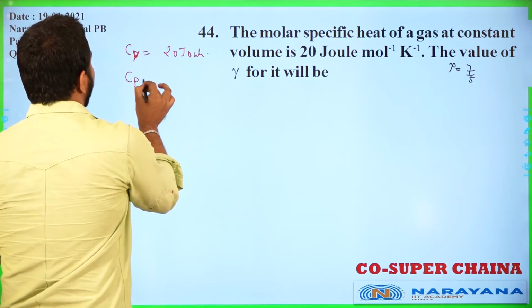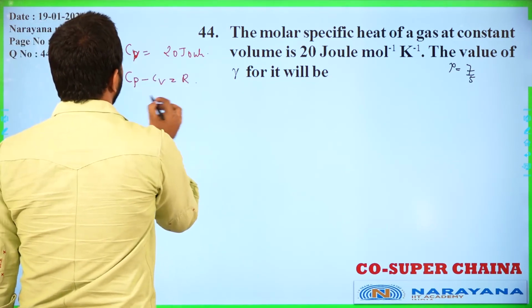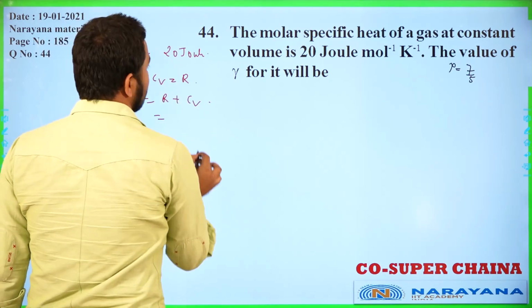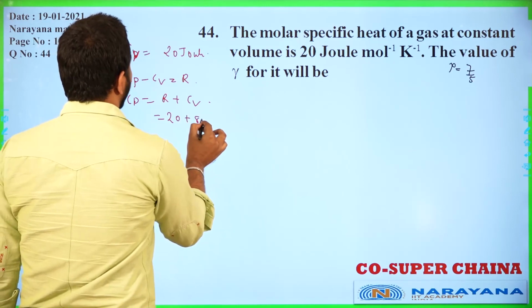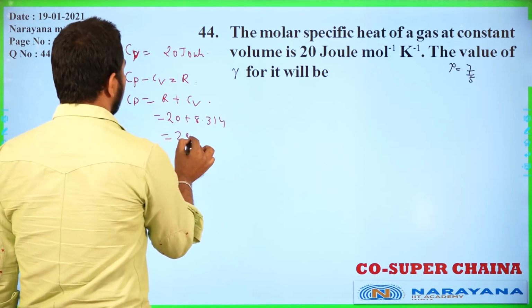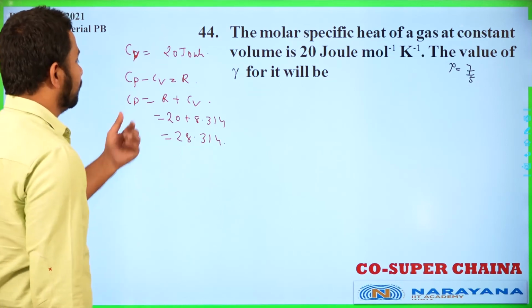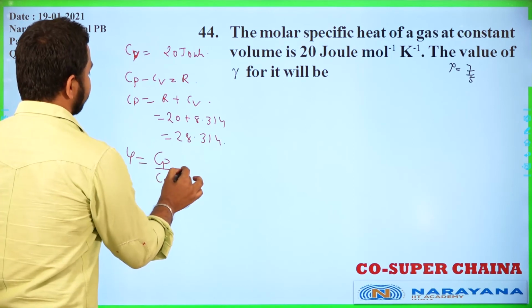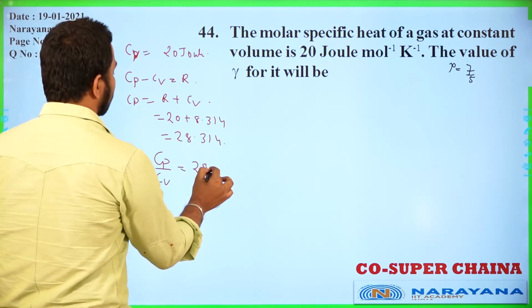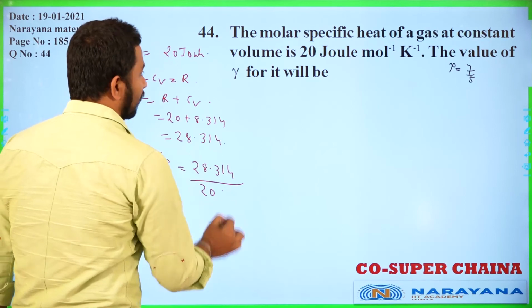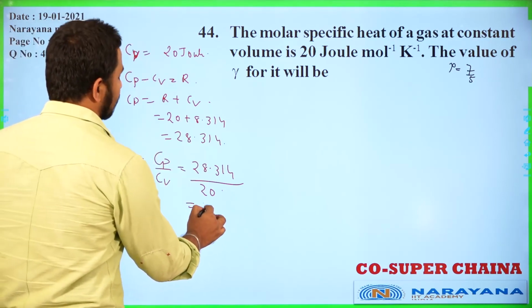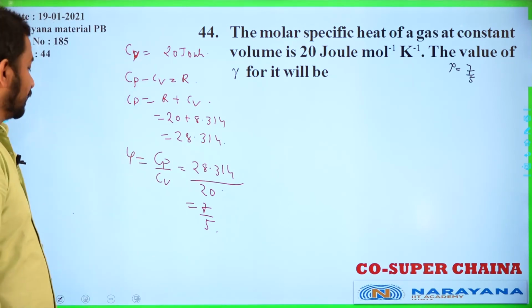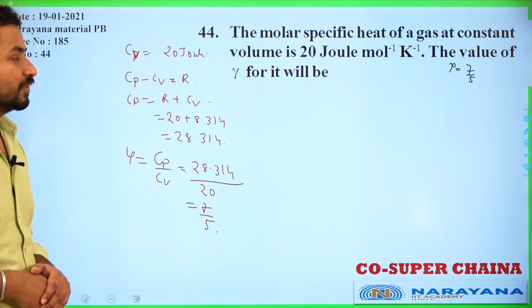We know Cp minus Cv is equal to R. So Cp will be equal to R plus Cv. 20 plus 8.314 will be 28.314. This is the Cp value. Now gamma, student, we can calculate as Cp by Cv. Cp we got 28.314 divided by 20. If you simplify this, we will get the answer as approximately 7 by 5. So gamma is coming as 7 by 5, and that is the answer for this question, student.